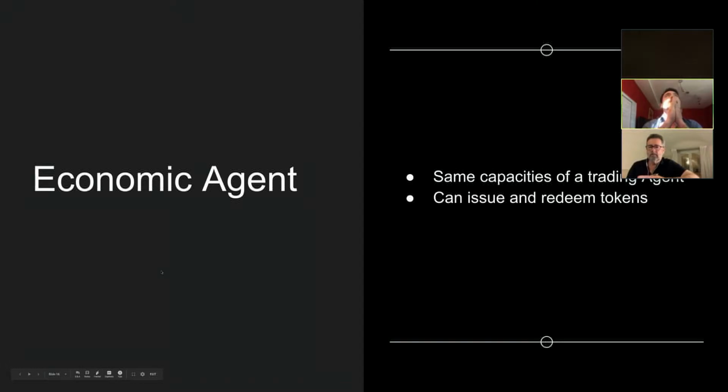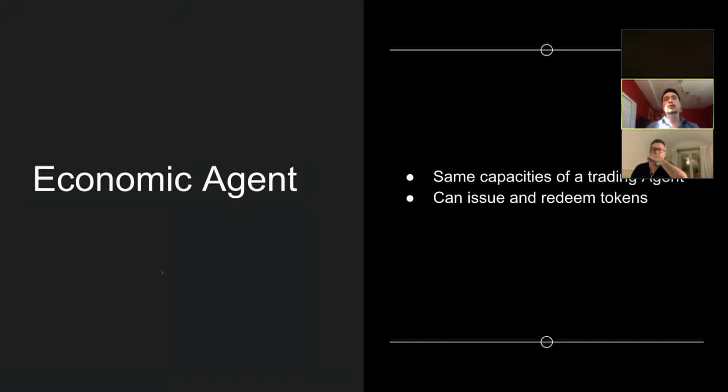Now, if that's the core protocol, just a simple exchange of tokens over a network, how can we expand upon it to create an economy? The next layer on the stack will be a specialization of the trading agent into an economic agent. In the previous set of slides, we didn't specify where the tokens were being held.